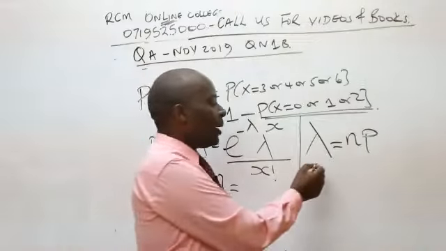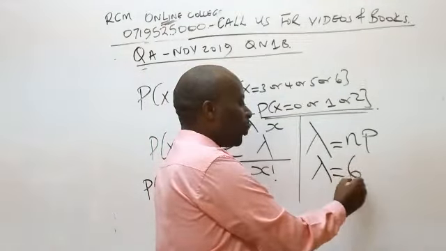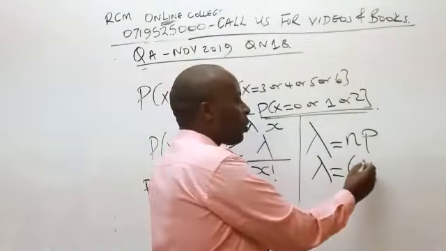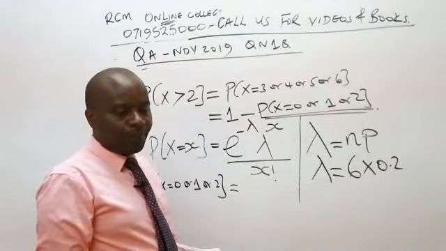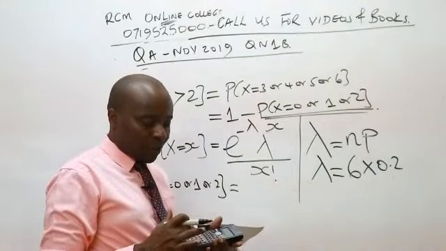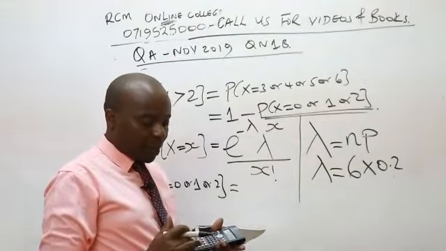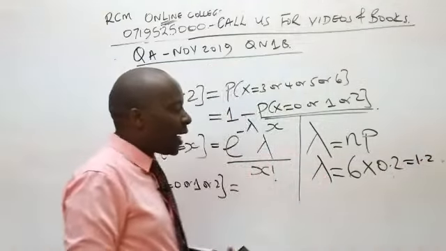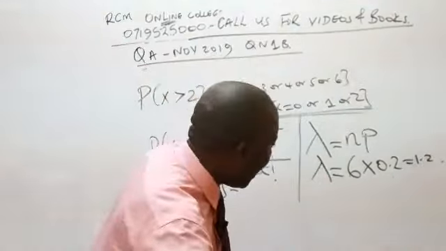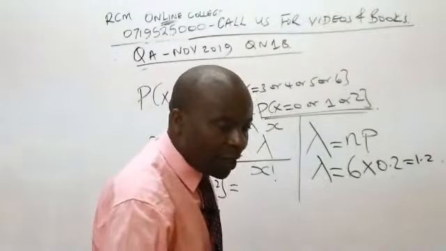So, ladies and gentlemen, my lambda here will be equal to n times this probability, 6. If you recall, our p was 0.2. So 6 times 0.2 gives us 1.2. Once I have that, now I'll be able to apply this other formula very easily.